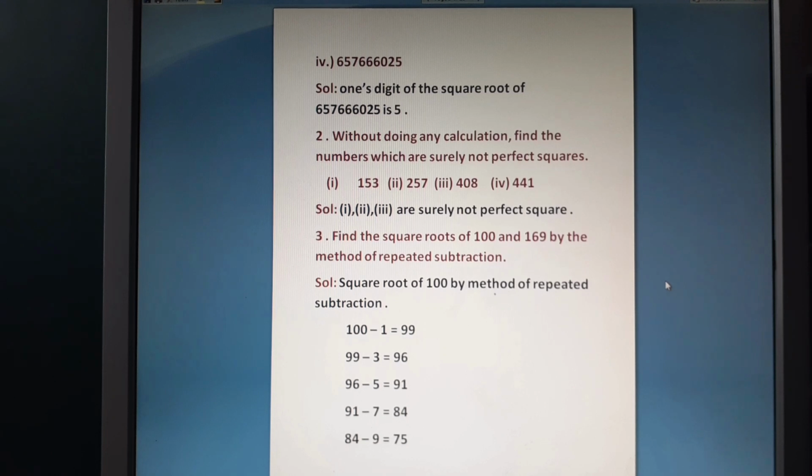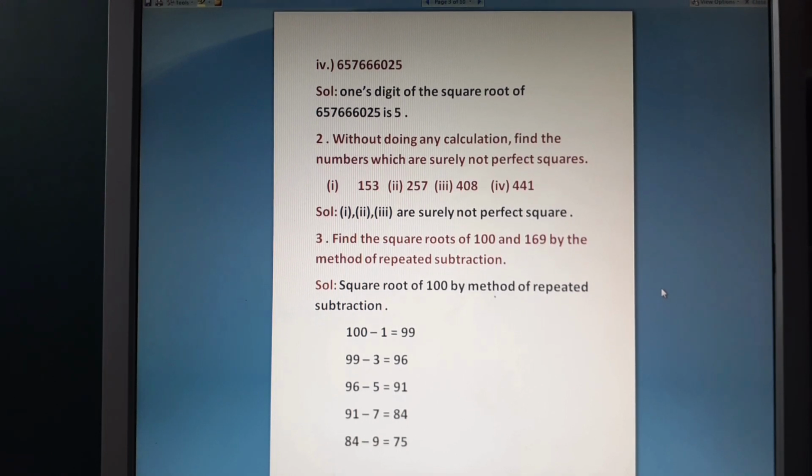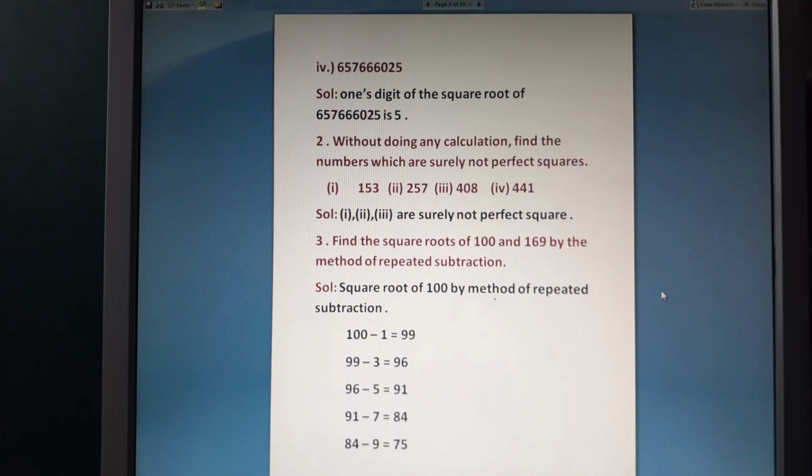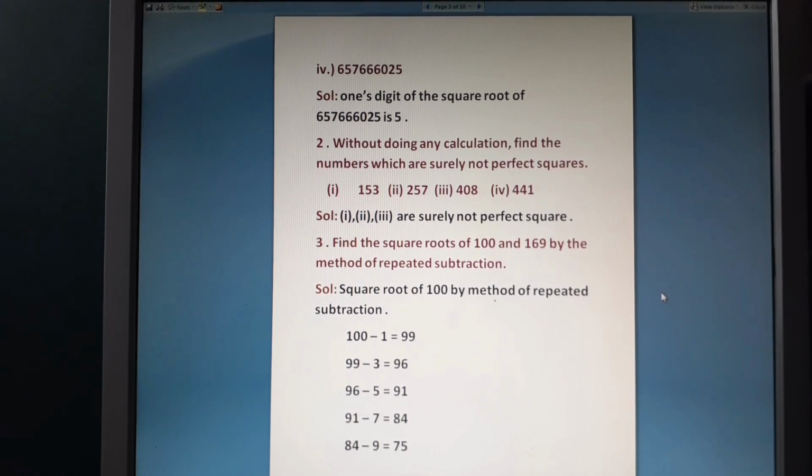Third question. Find the square roots of 100 and 169 by the method of repeated subtraction. See the solution.